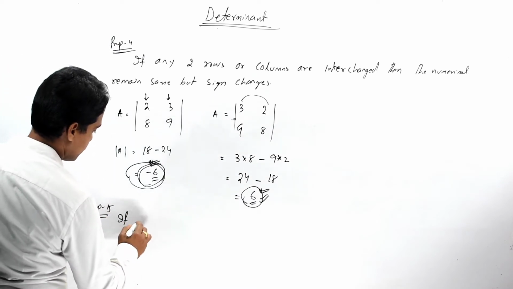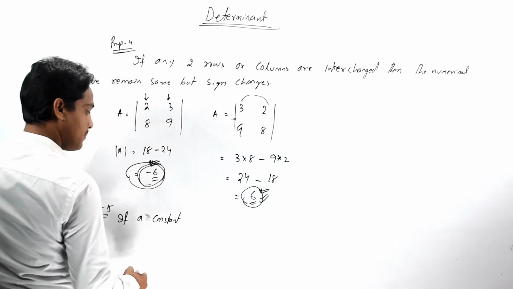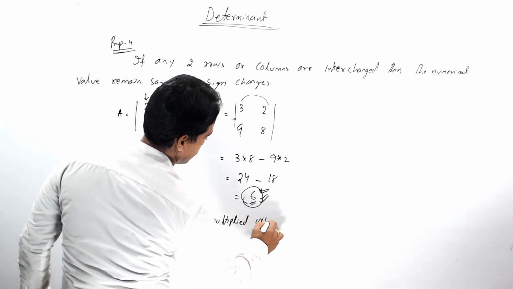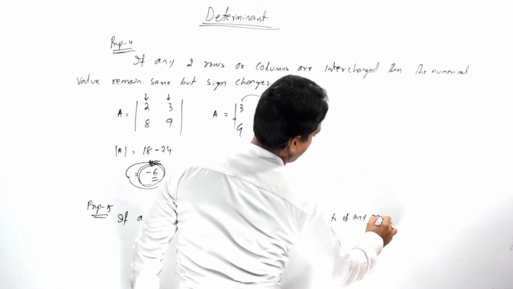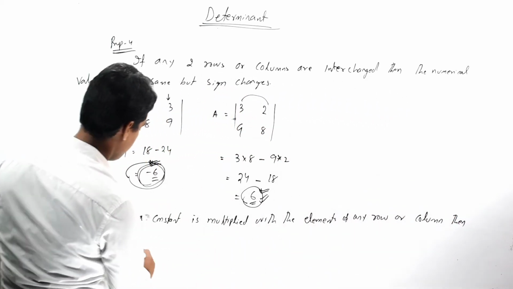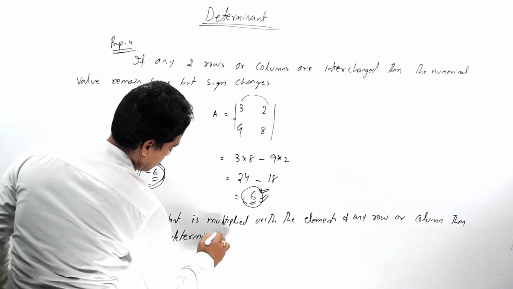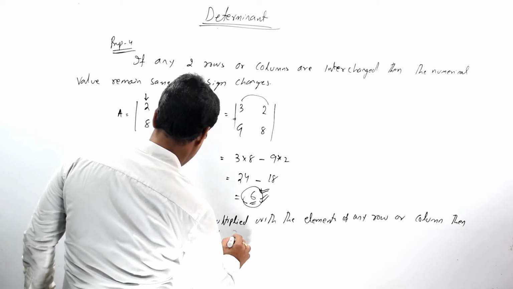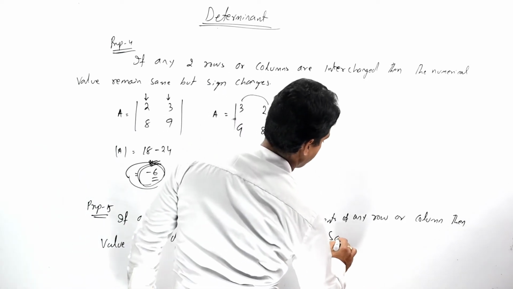That is, if a constant or a number is multiplied with the elements of any row or column, then the value of the determinant is also multiplied by the same constant.